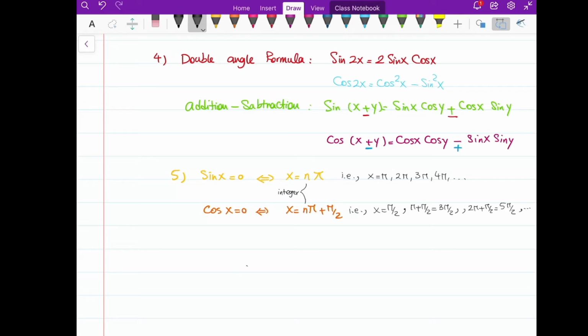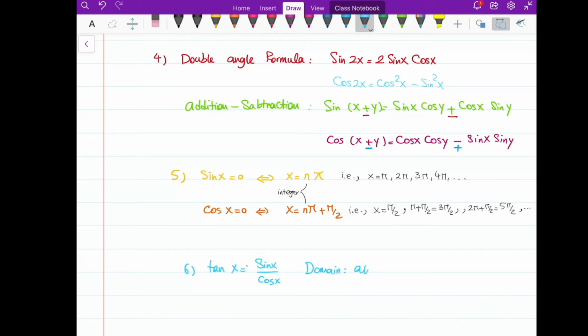Very good. Then let me talk a little bit about tan of x. So tan of x, I said that it's sine x over cosine x. So the domain of it would be equal to what?